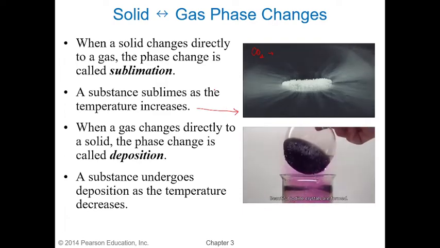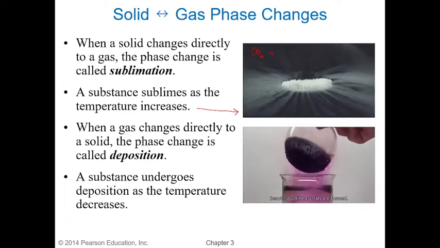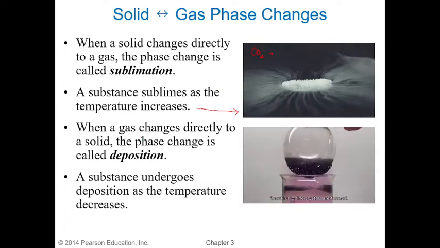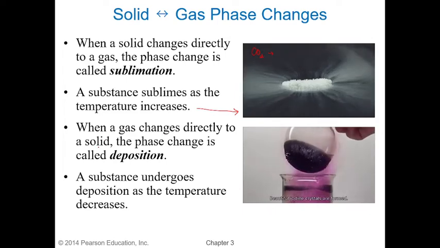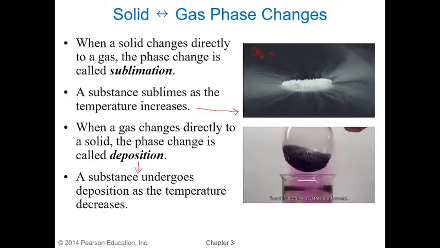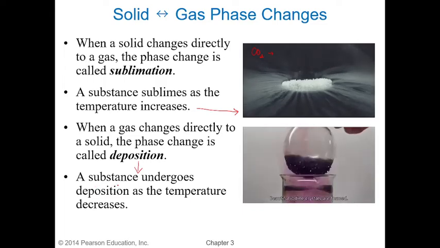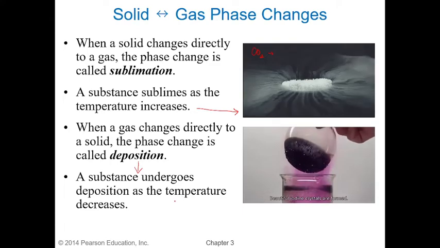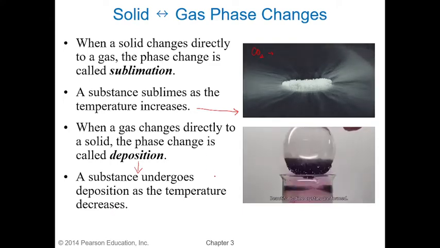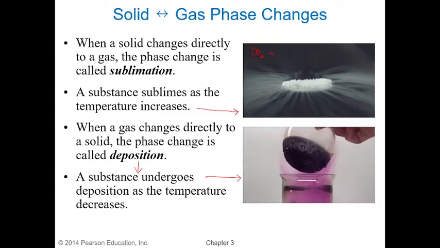But if you do the reverse, when a gas changes directly to a solid, meaning gas to solid, the phase change is called deposition. This happens if the temperature of the substance decreases. So a substance undergoes deposition as the temperature decreases. An example here is iodine crystal.